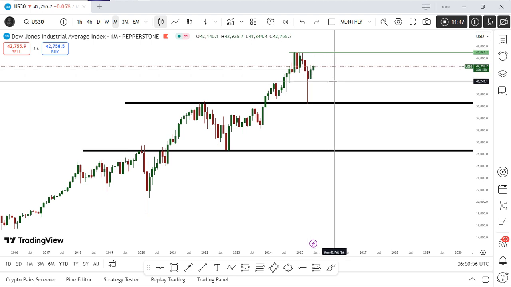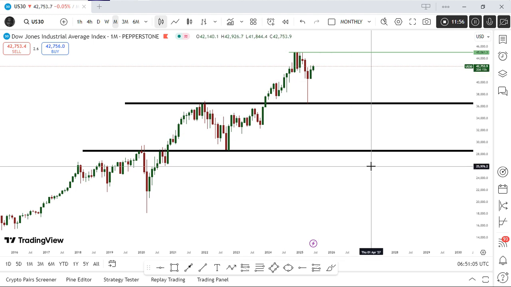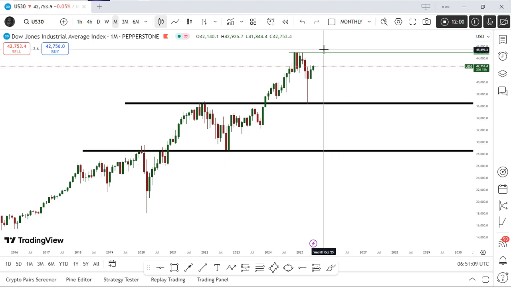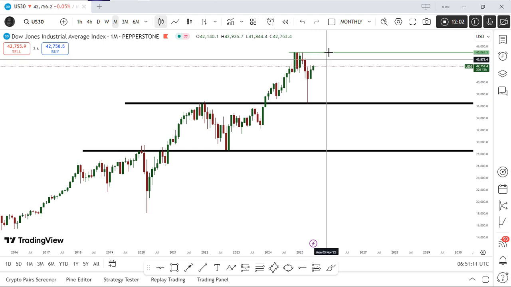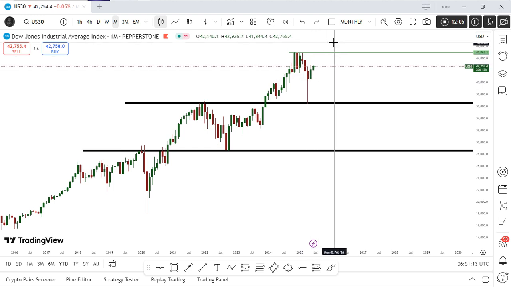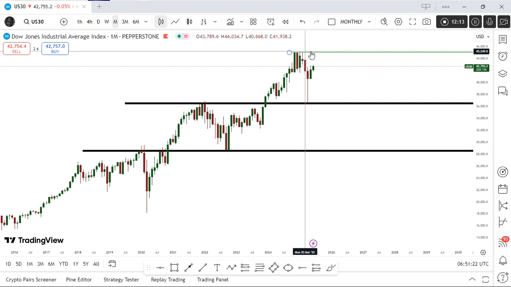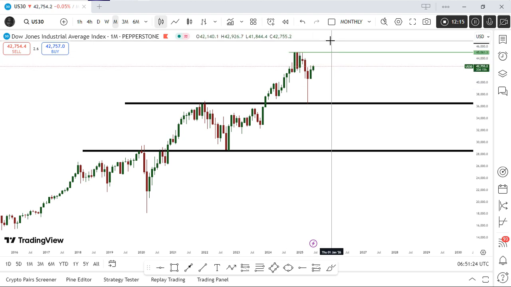This is telling me that at least for the next couple of months, either 2 months, 3 months, 6 months, US 30 is likely, with 100% assurance, going to give us more bullish momentums. And it could get here and turn back, or it could get here and push to the upside.